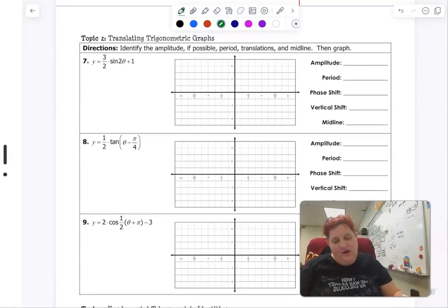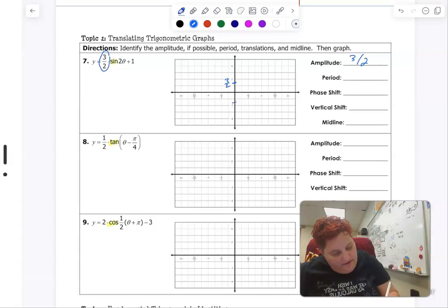Now we're going to talk about how you do these when you're moving them around. We have a sine, a tan, and a cosine. Let's start with sine. First thing, that is my amplitude, 3 over 2. 3 over 2 is like 1.5, so I'll put it right here and right here. I have a 2 right here, so my period is 2 pi over 2, which is pi.